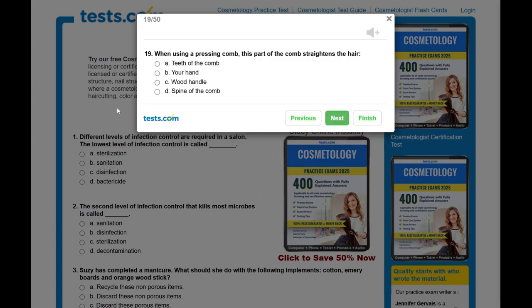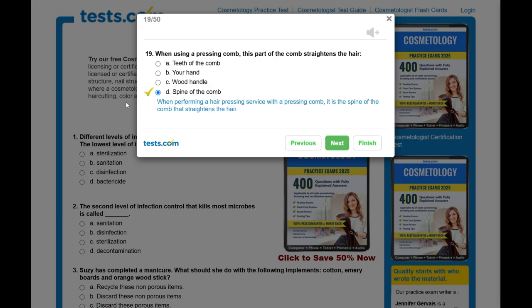Question 19. When using a pressing comb, this part of the comb straightens the hair. A. Teeth of the comb. B. Your hand. C. Wood handle. D. Spine of the comb. D. Spine of the comb. When performing a hair pressing service with a pressing comb, it is the spine of the comb that straightens the hair.